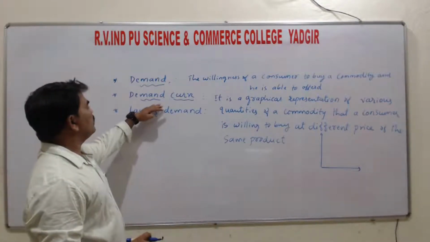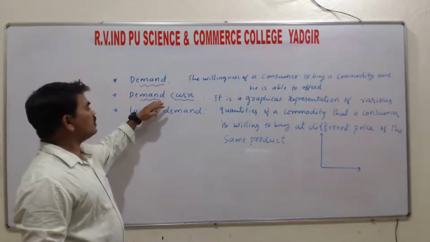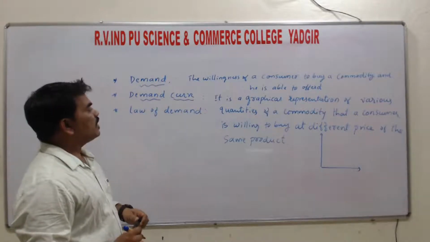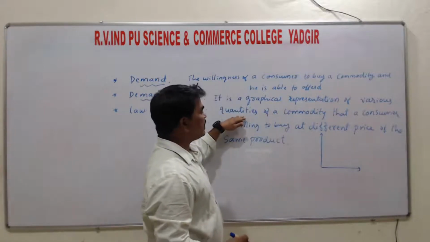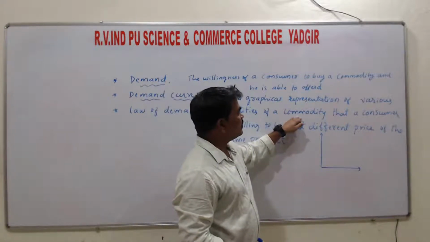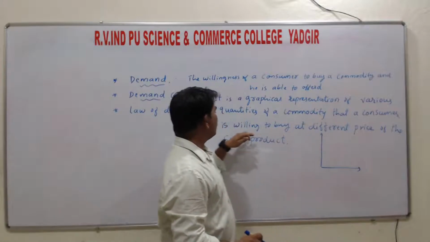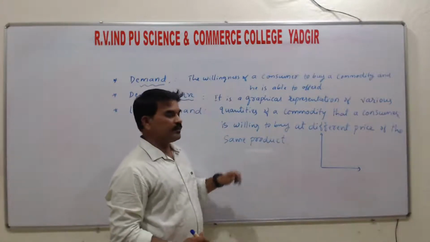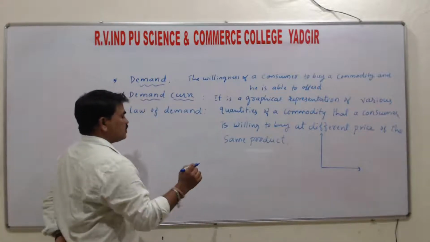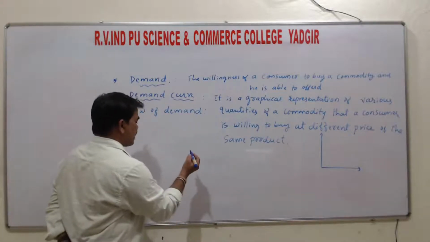So, how can we define this demand curve? It is a graphical representation of various quantities of a commodity that a consumer is willing to buy at different prices of the same commodity. It means that we will take a commodity, apple, okay?